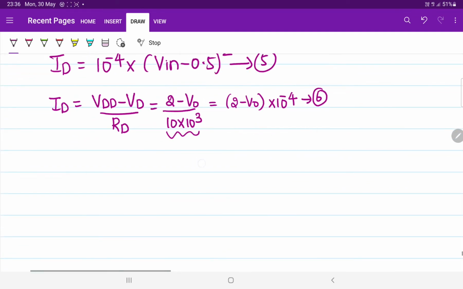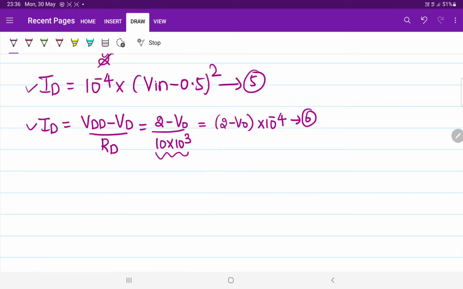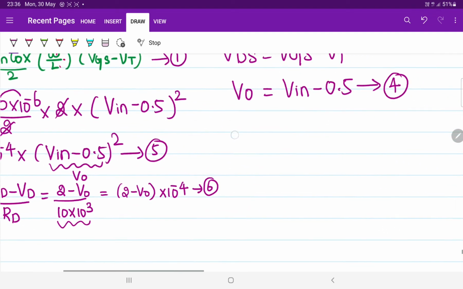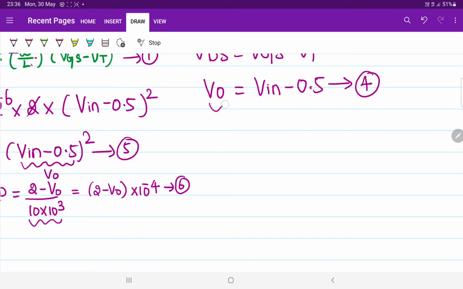Next, see there, equation number 5 is also ID only, equation number 6 is also ID only. Now I am giving you a small task: just equate these two expressions. And one more thing, replace this Vin minus 0.5 by V0. Am I right? From the switching equation, I have already derived that V0 equals Vin minus 0.5.